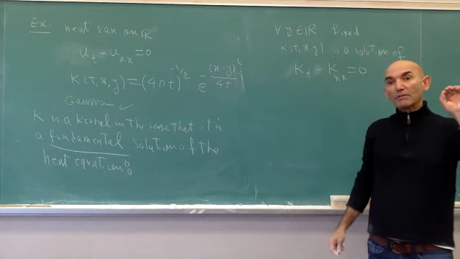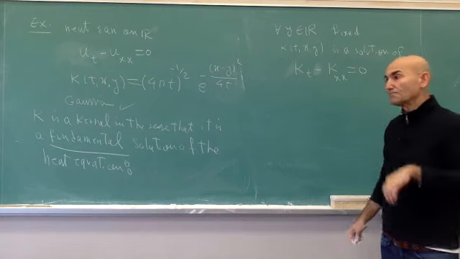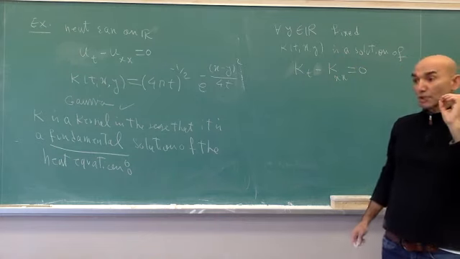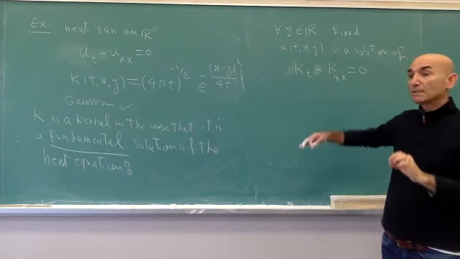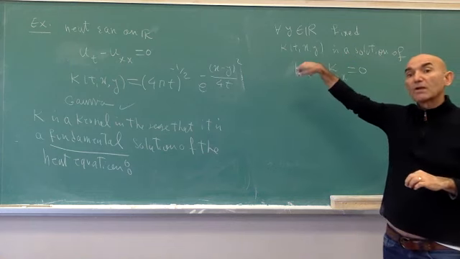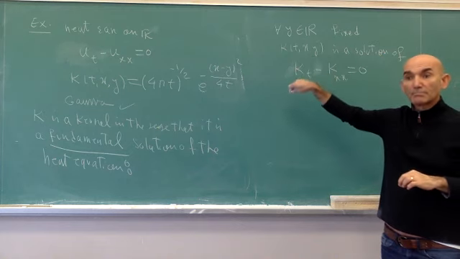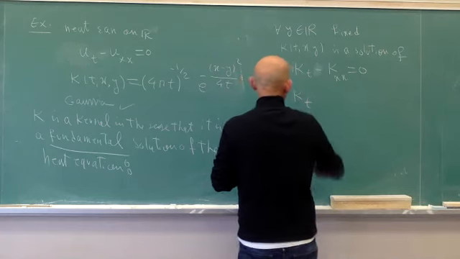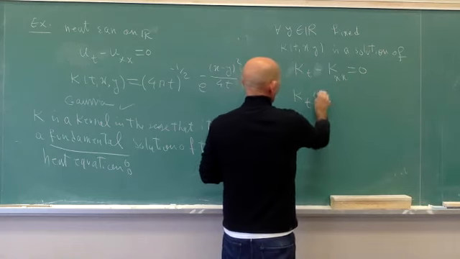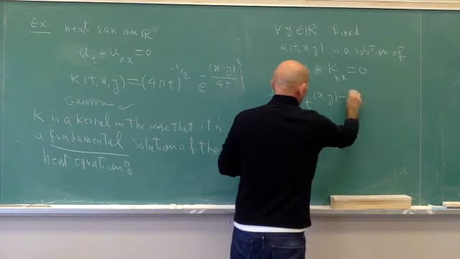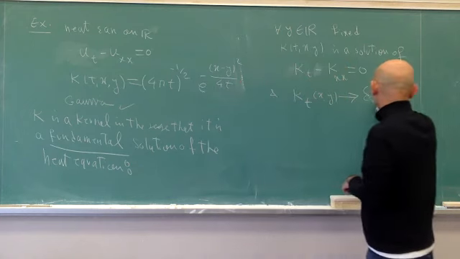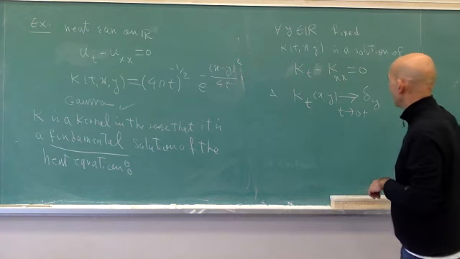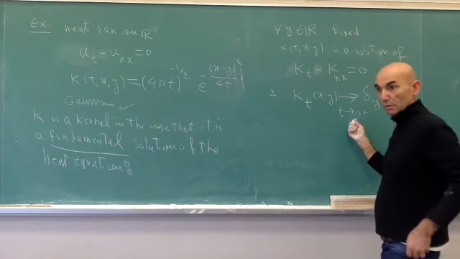Second of all, when t approaches 0, this family of functions approaches the Dirac mass at y. k_t(x,y) approaches the Dirac mass at y as t goes to 0 plus, in the sense of distributions.